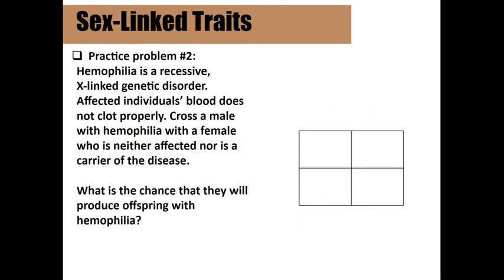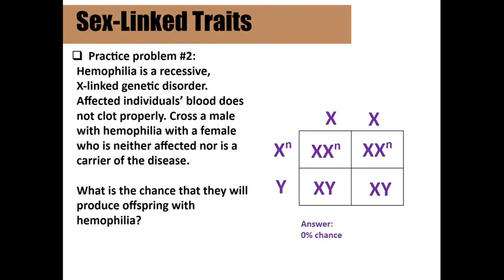So what is the chance that they will produce offspring with hemophilia? They have a 0% chance of having a child with hemophilia because since mom is not a carrier or has the disease, she is going to dominate the genes, so her children will not have this disorder.